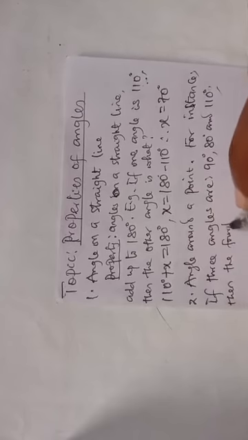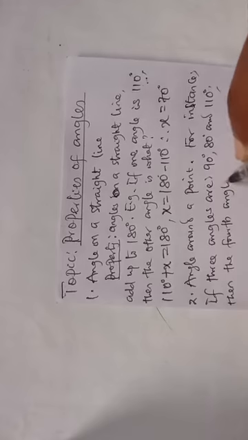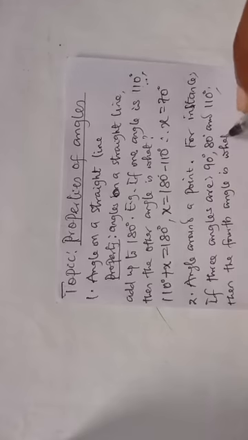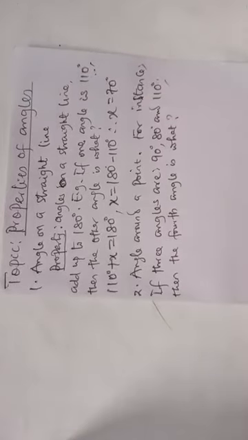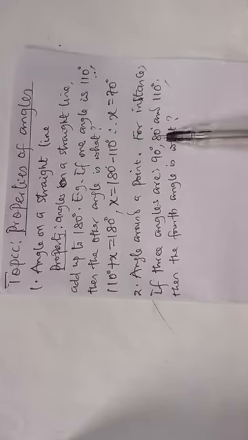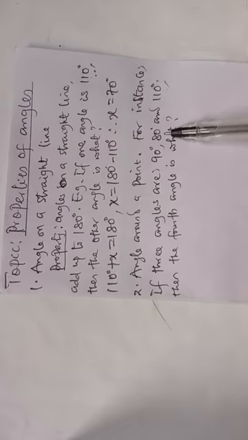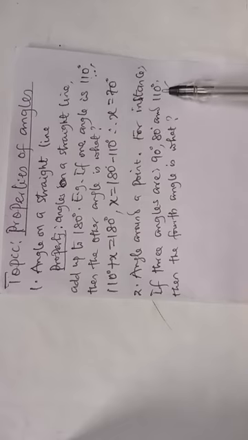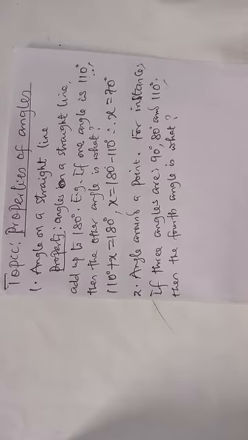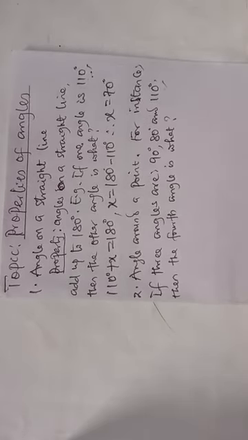We have three angles. Let's see: 90 plus 80 is 170. 170 plus 110 is 280. Yes, 280. This is already a reflex angle, which is an angle above 180 but less than 360 degrees. Now we say it's angles at a point, so their sum is equal to 360 degrees.